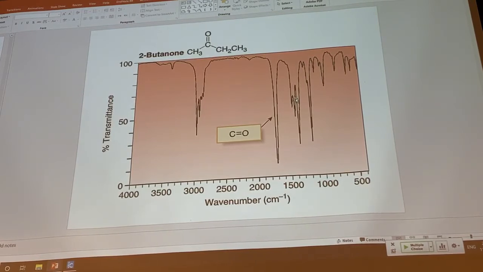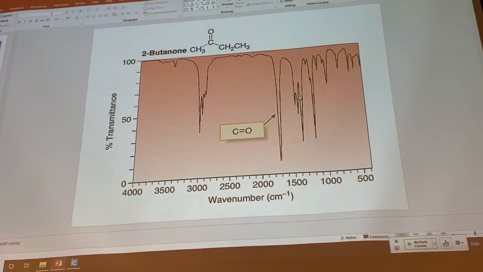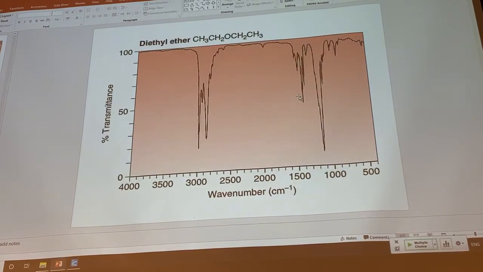So sometimes with IR spectroscopy, you can use the absence of peaks to rule out certain functional groups. So we go over here and we look at the IR spectrum of diethyl ether. If we knew that we had an oxygen, if the molecular formula only made sense with an oxygen, we see there's no peak at 1700, so there's no carbon-oxygen double bond.